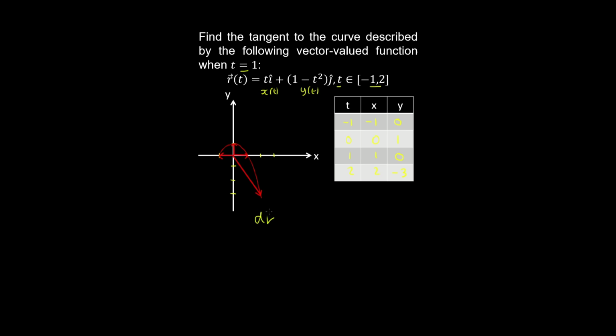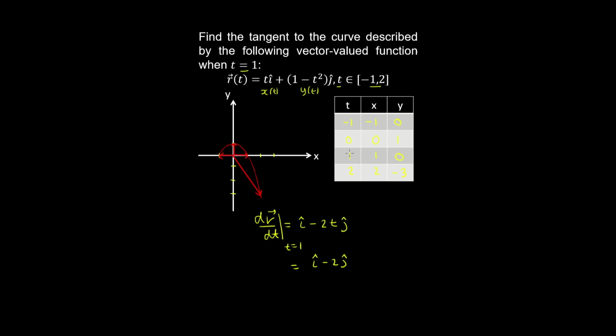So if we differentiate this vector valued function, we obtain the horizontal unit vector minus 2t by the vertical unit vector. And when t equals 1, we obtain i minus 2j.